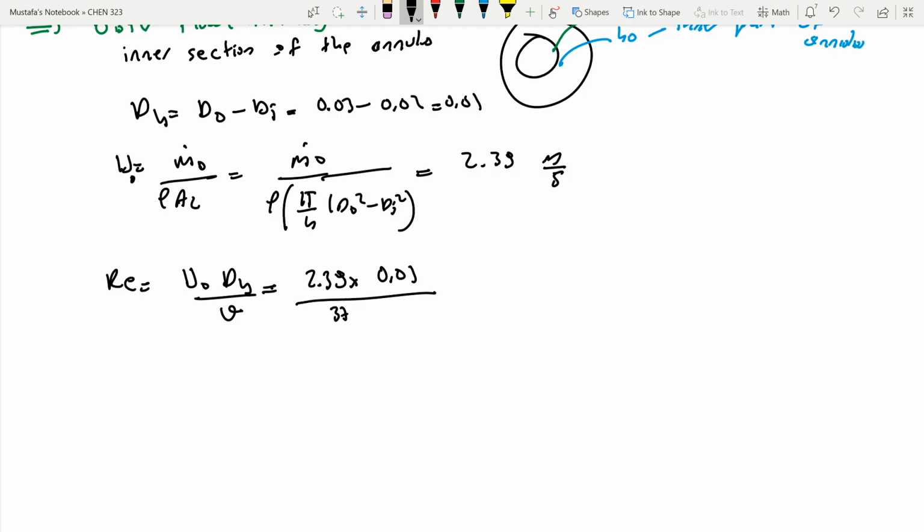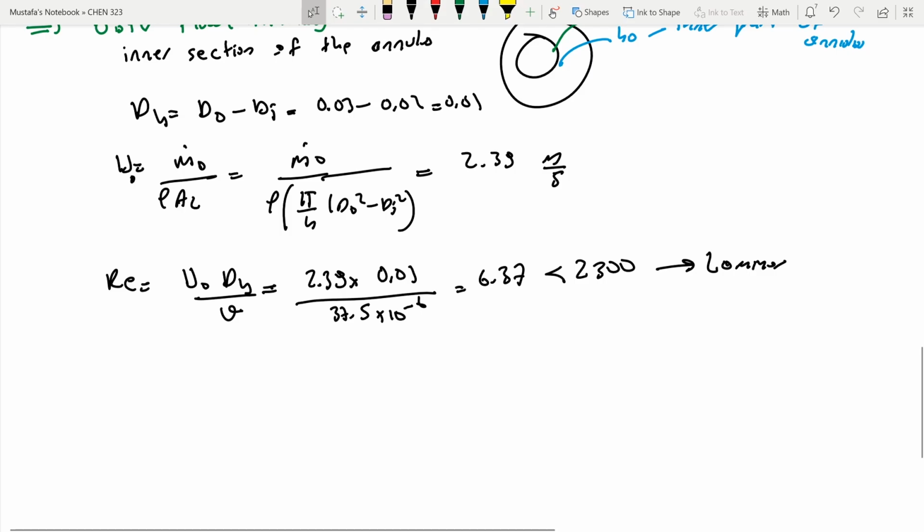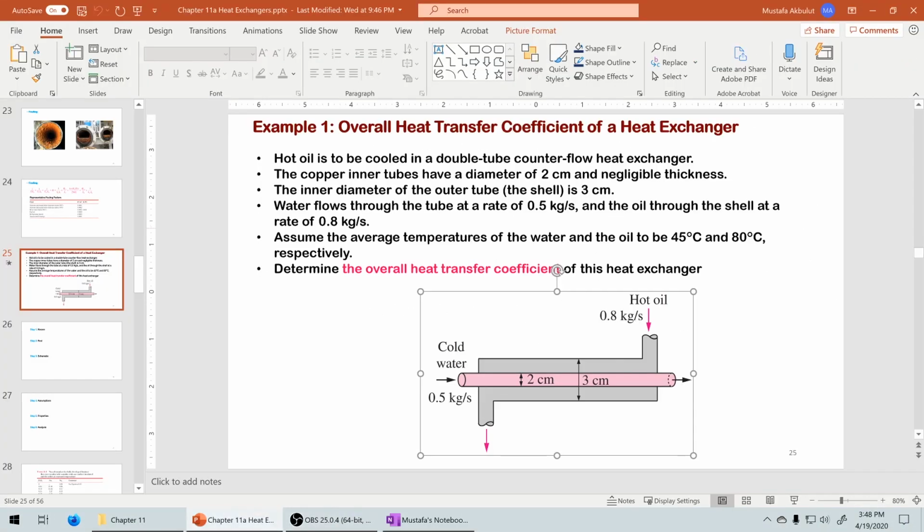And the kinematic viscosity of oil is 37.5 times 10 to the minus 6 in metric unit. So you get 637. This is less than 2300. This is laminar flow. And we assume it is fully developed.